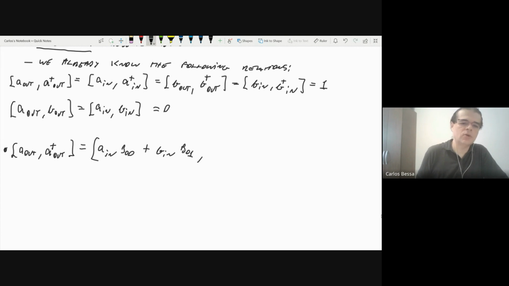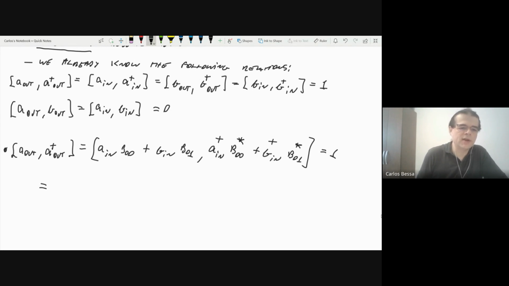And A dagger out will be A in dagger times B00 complex conjugate, plus B in dagger times B01 complex conjugate. This is equal to 1. So we could develop this.